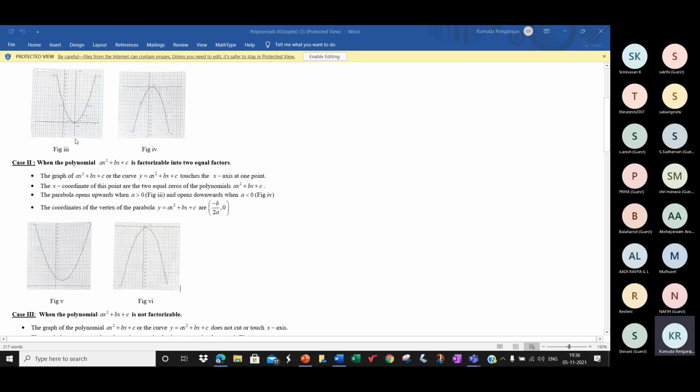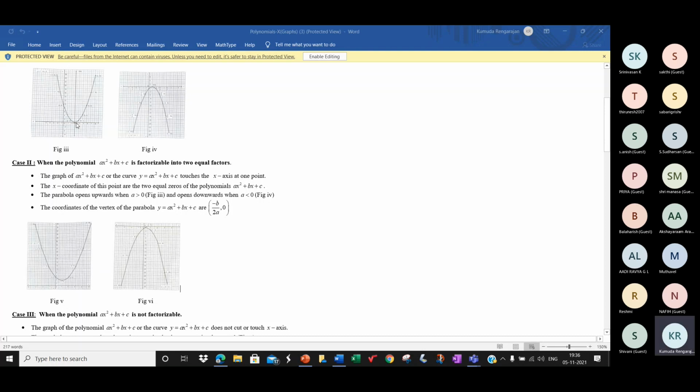This line through the vertex of the parabola is called the axis of the parabola or axis of symmetry, because the parabola is symmetrical about its axis.